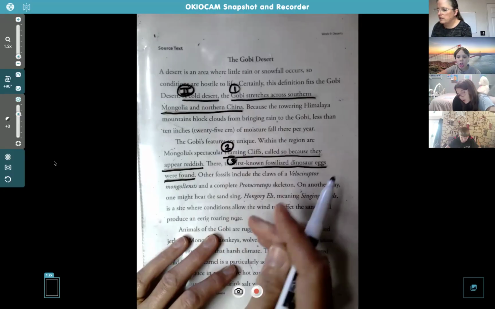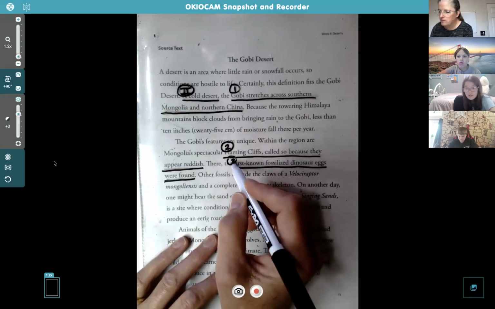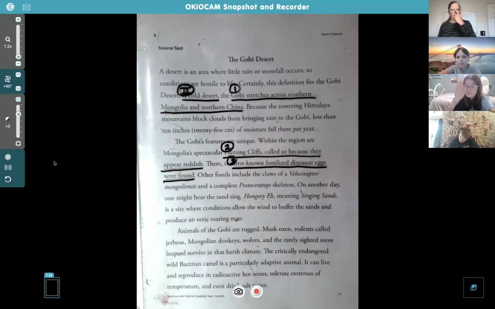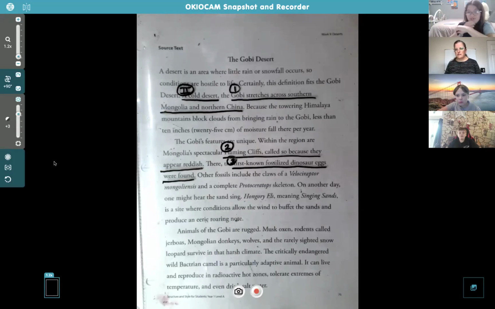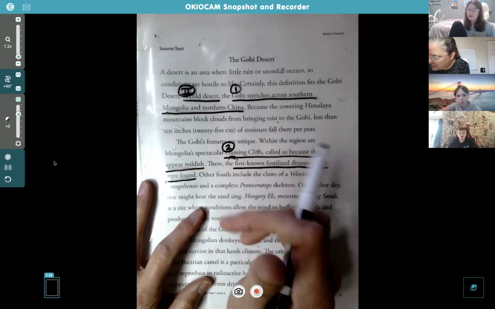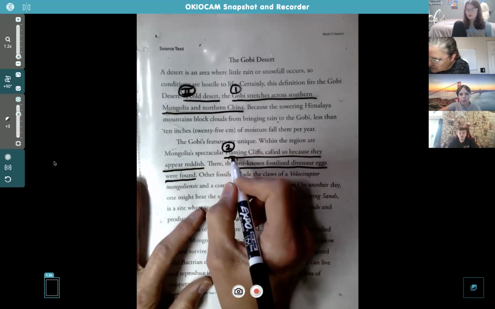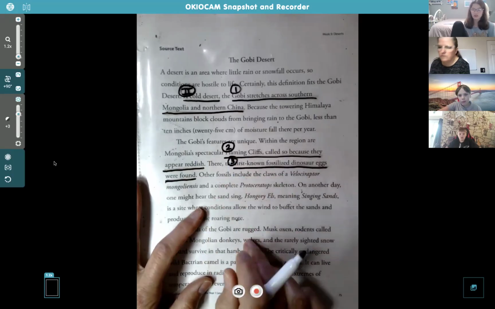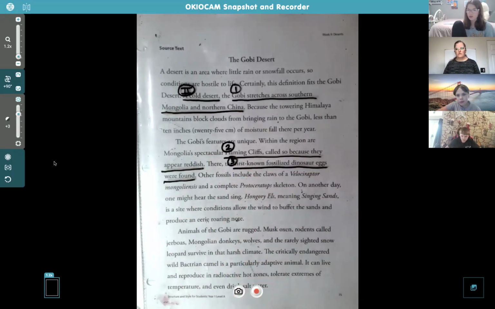By the way, does anybody know what fossilized means? What is fossilized? You guys know that word from science? Yeah, Sydney? Fossilized means like over time, it's less like flesh and more like rock-ish. Yeah, that's a good way to put it.